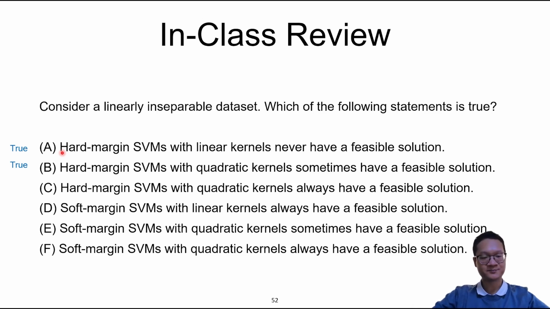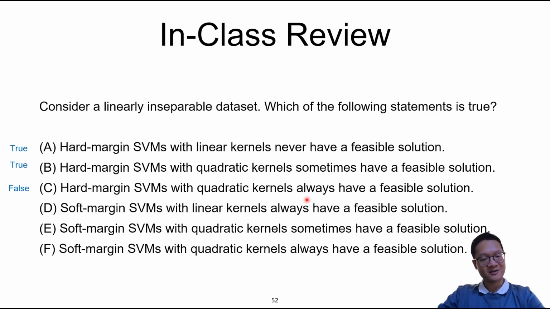So this one is true, but the next one is false because it says quadratic kernels always have a feasible solution. Not always. If your data set is such that with the quadratic kernel the data becomes linearly separable, then hard margin SVM would have a solution. But this depends on the data set, so not always.